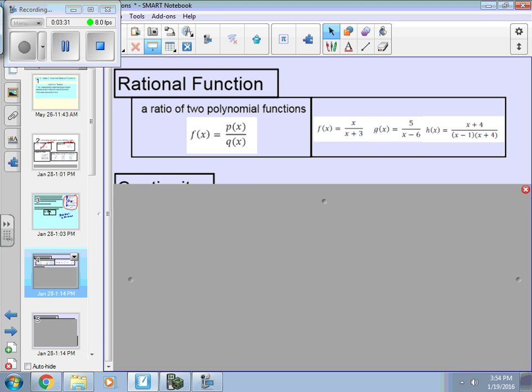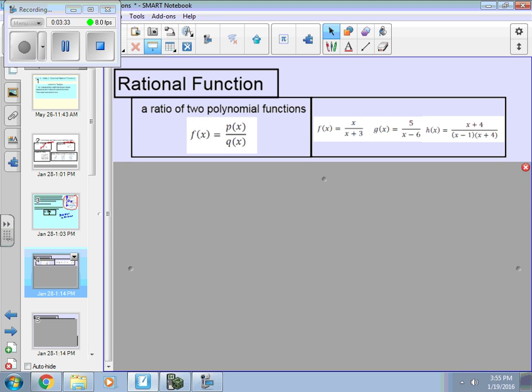Okay, rational functions. A rational function is a ratio of 2 polynomial functions. So you have one on top, in this case function P, and then one on bottom, function Q. And because you're dividing, there are some things that you can't divide by, because we remember you can't do division by 0.